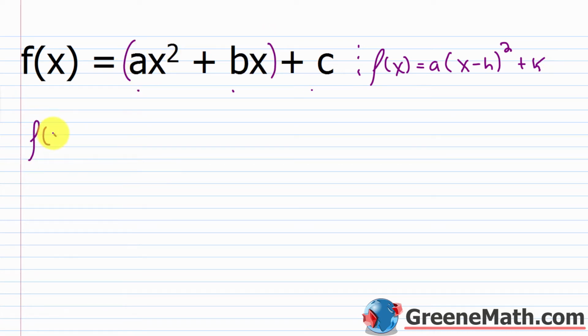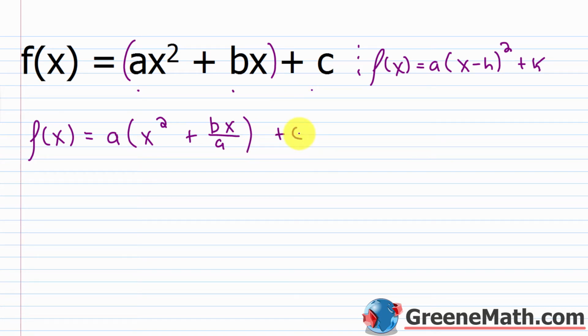So f of x is equal to, bring the a outside, I would have x squared plus, to factor an a out from here, I would basically divide b times x by a. So in other words, this would be bx over a. And again, if a multiplied by bx over a, the a's would cancel, and we'd be back to bx. So then we can close this, and then we'll have plus c.